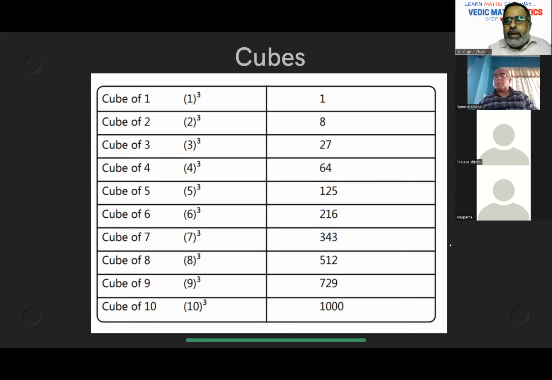So please write down this table in your notebooks and let me know once done. Done? Done, sir.